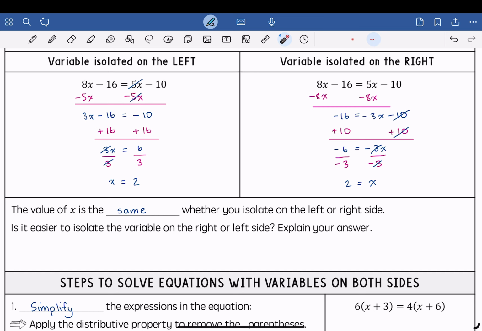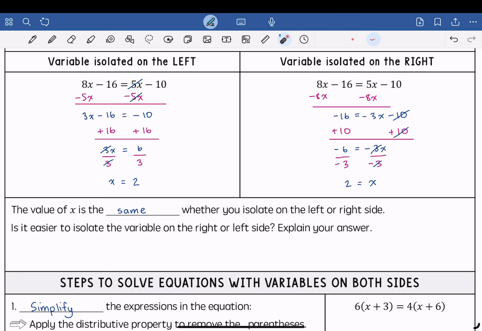And the reason is that the variable here is positive versus here it's a negative, because 8x minus 5x is going to give me a positive number of x's.